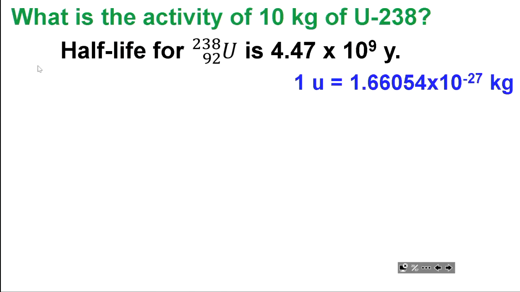So, another example, what is the activity of a certain sample of uranium-238? Just again, a reminder from chemistry. Activity, R, is equal to the product of two numbers. Now, again, a half-life.